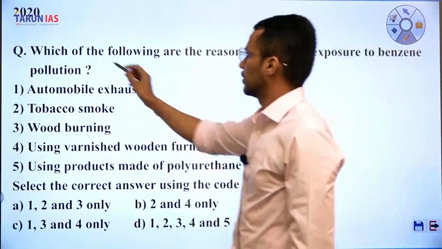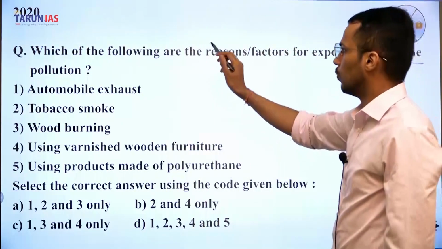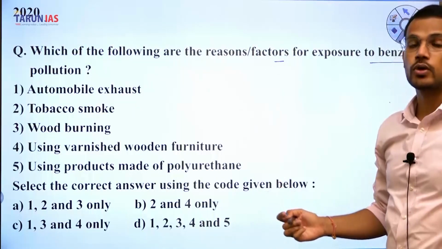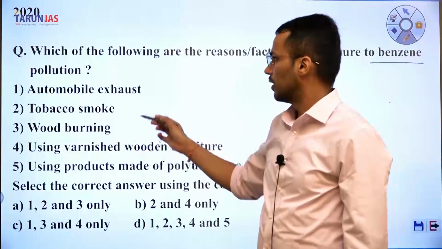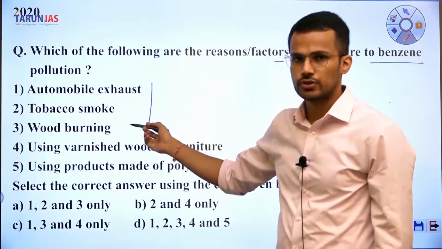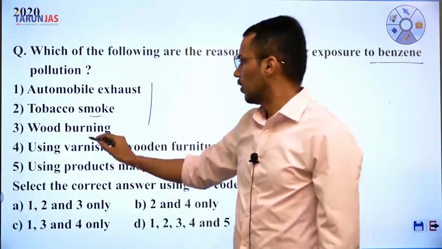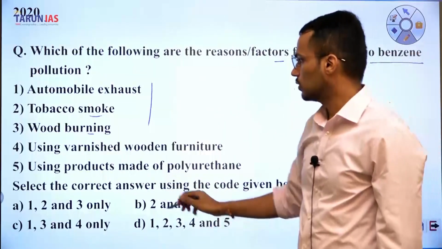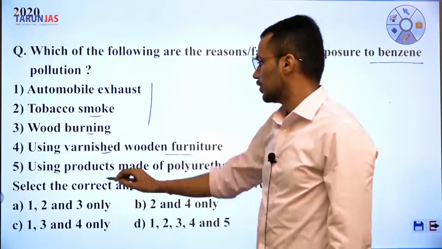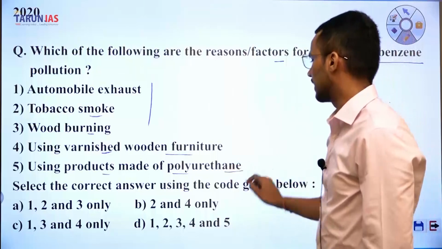So, 2020's question now, and this question is related to benzene pollution. Which of the following are factors for exposure to benzene pollution? Statements are: first, automobile exhaust; second, tobacco smoke; third, wood burning; fourth, using varnished wooden furniture; fifth, using products made up of polyurethane.